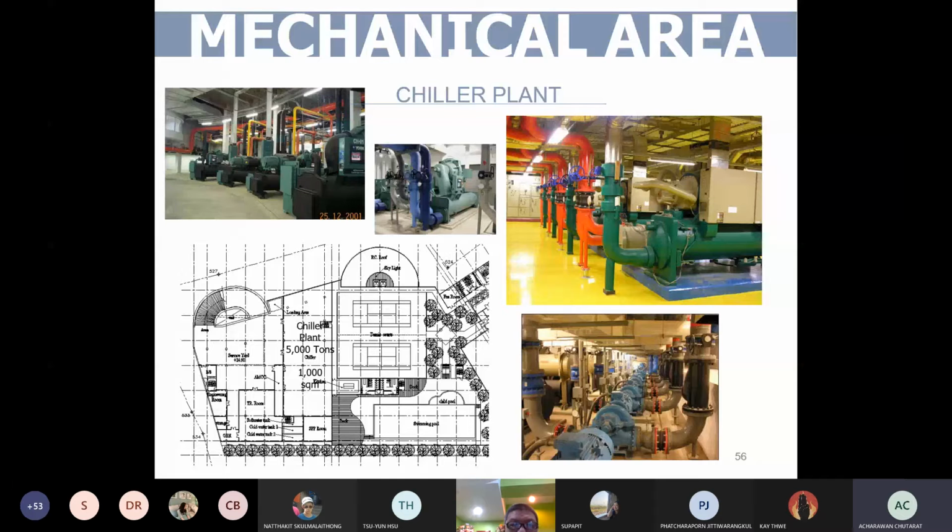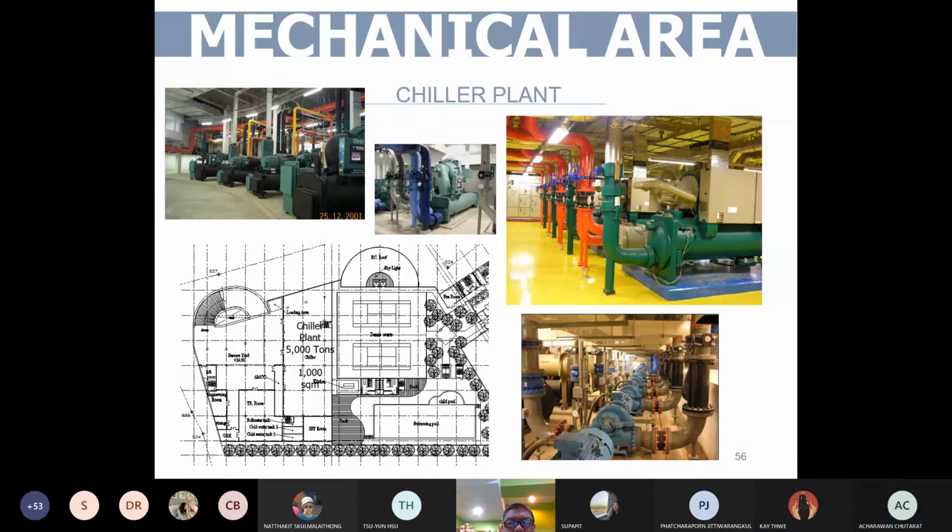So the first floor may be good, or the second floor. It doesn't matter if you need to do maintenance or overhauling, as long as you have enough space. But most of the time they don't have much. We cannot spare that much space in the building.